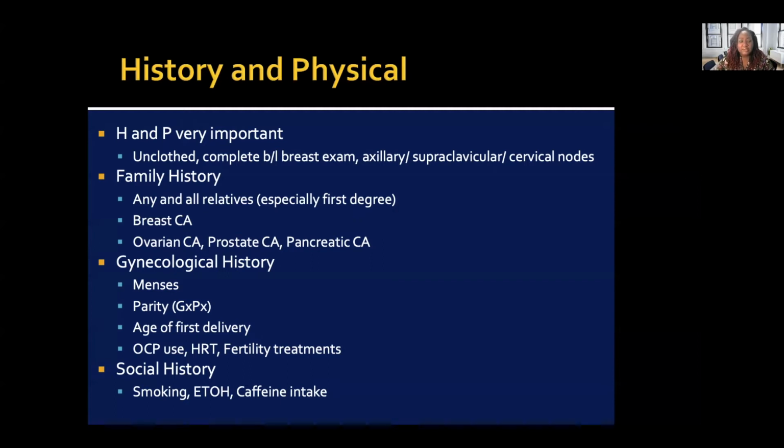You also want to ask the patient if they've used any oral contraceptives or birth control pills and how long they've used it. And if they've used any hormone replacement therapy. A lot of times patients undergoing menopause can have a lot of different symptoms that are very difficult for them to withstand.